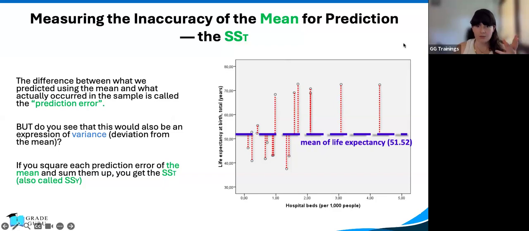Well, we're looking at how much the data varies around the mean. Okay, and that's exactly what we're looking at here. We've got the mean, and then we've got the deviations from the mean. We're just calling them prediction errors because now we're doing regression, but it's the same thing. It's a deviation. So this measure of inaccuracy is also a way of expressing variance. Okay, I'm done with that.